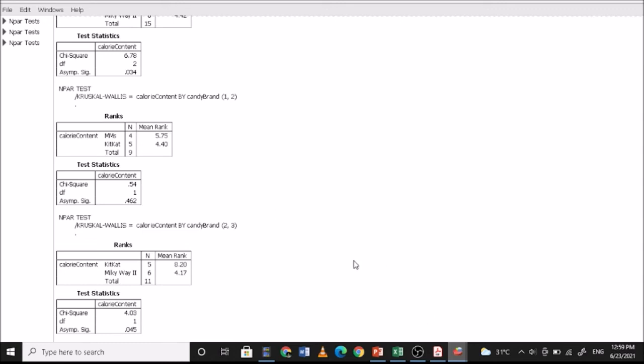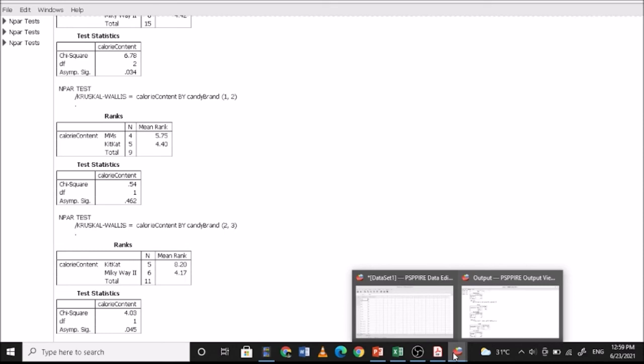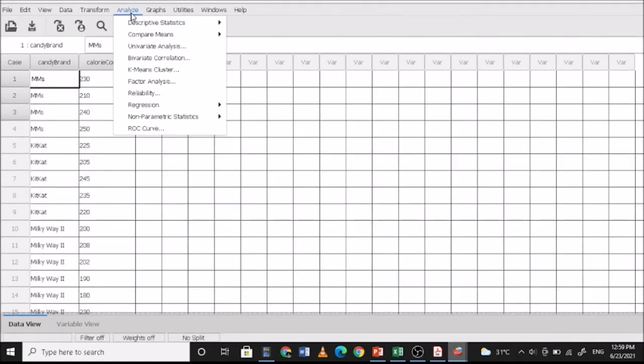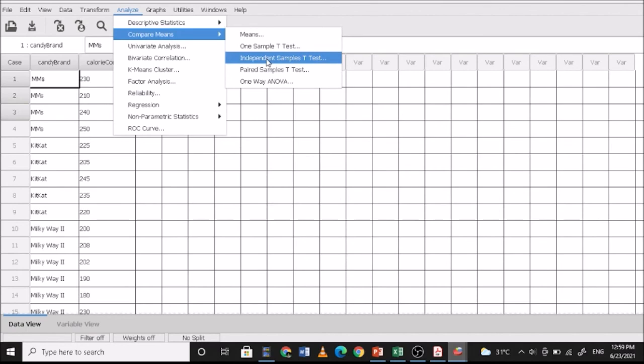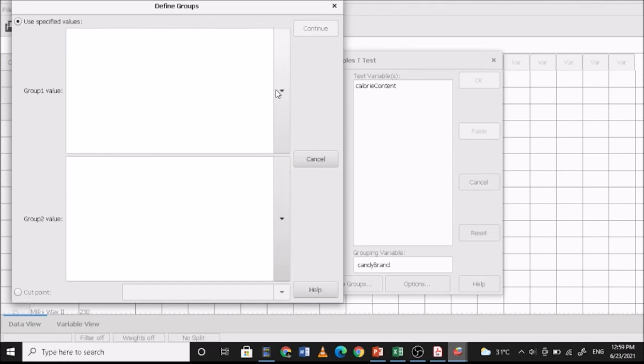And since we cannot do that using your Mann-Whitney, you can try this one, the independent samples t-test. Of course, the variable, defined groups, since there are only two, you can have M&M's and Milky Way.